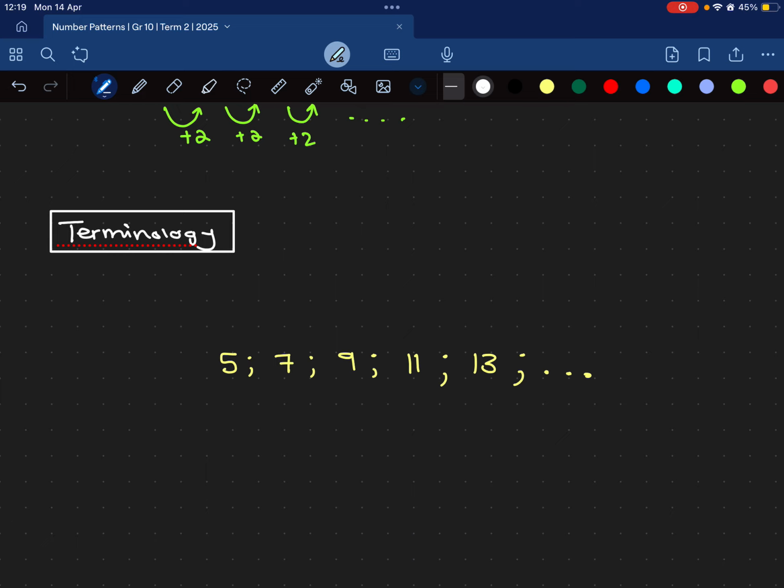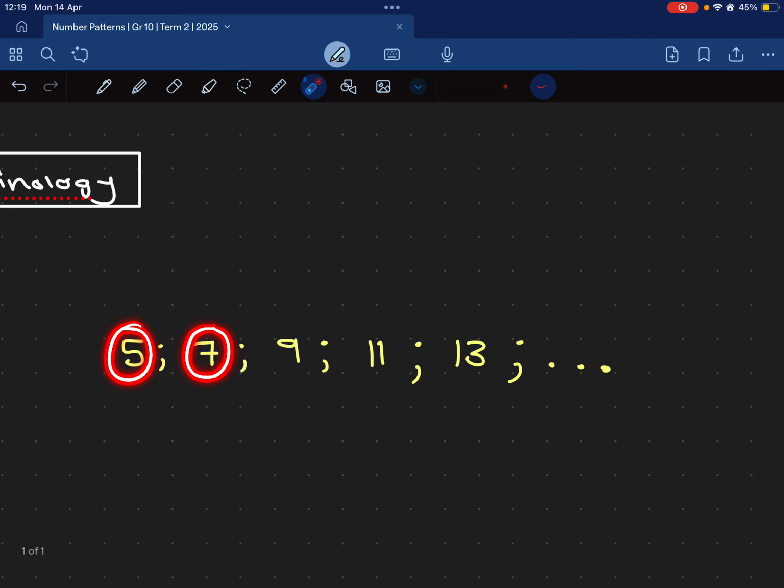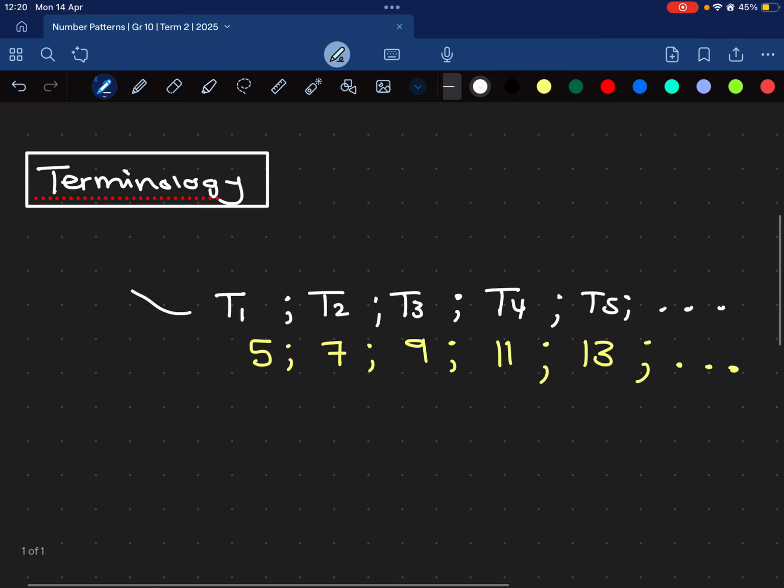So first of all, we call these numbers in the sequence terms, and terms are separated by semicolons. So we refer to 5 as term 1, term 2 would be 7, and so we continue. Term 3, term 4, term 5, and so on. Okay, so these are the terms.